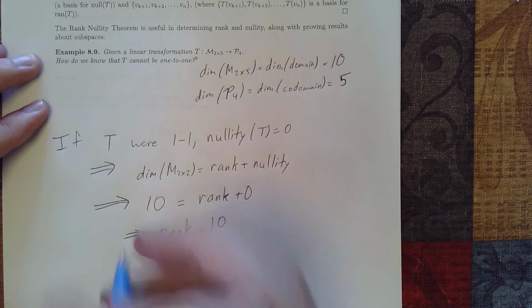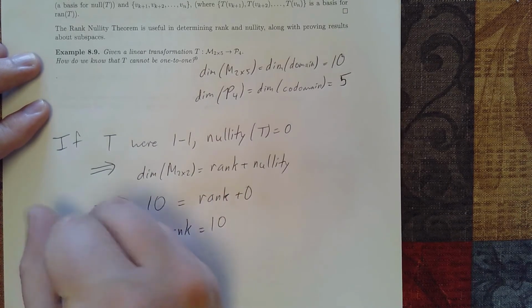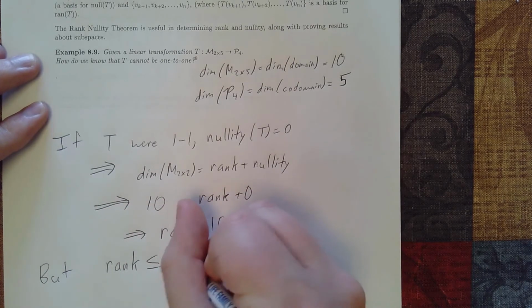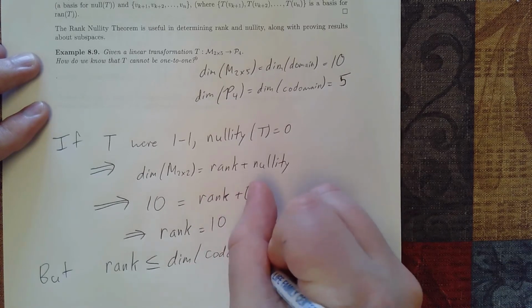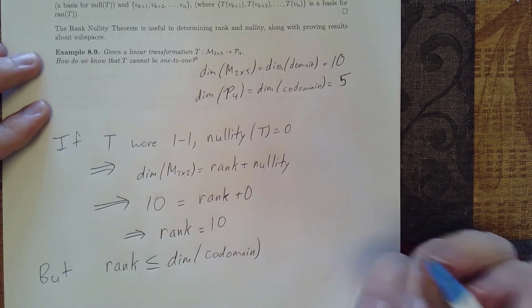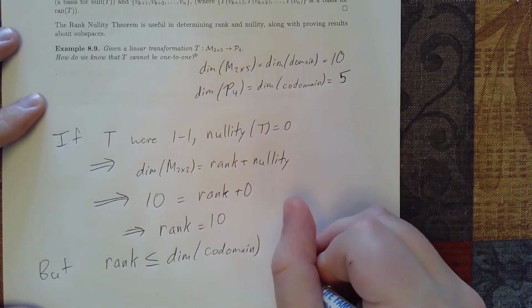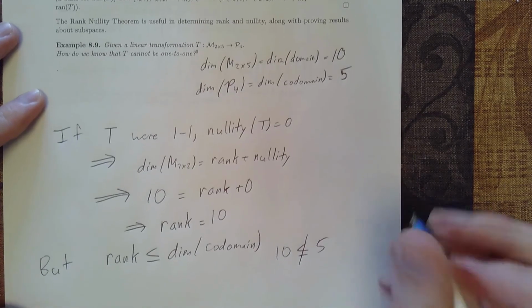However, the rank has to be less than or equal to the dimension of the codomain. But this is not the case, since 10 is not less than or equal to 5.